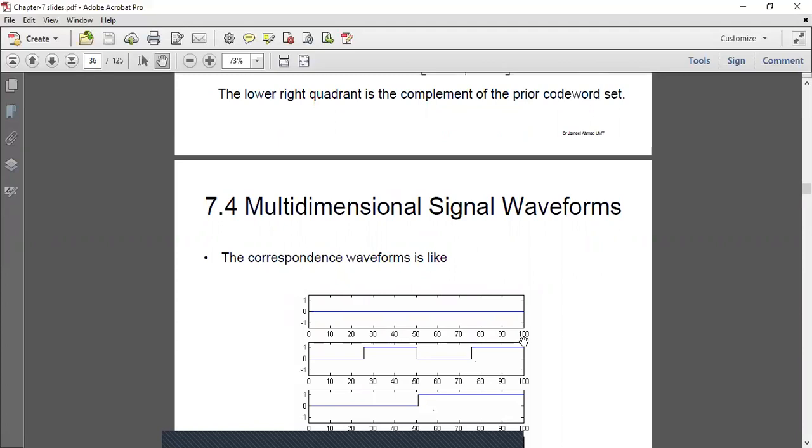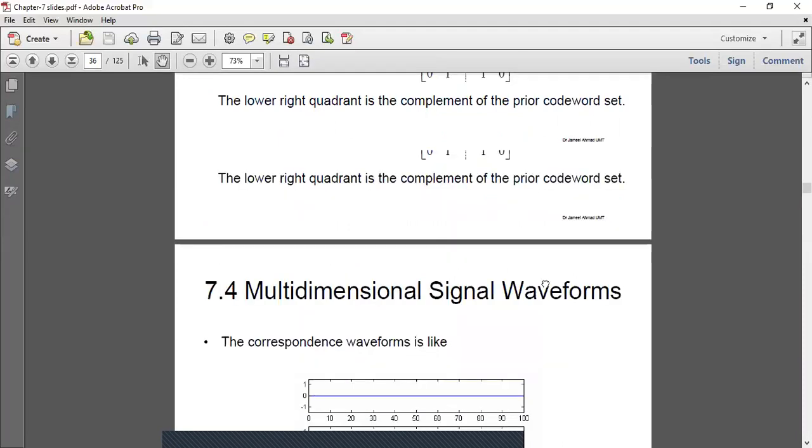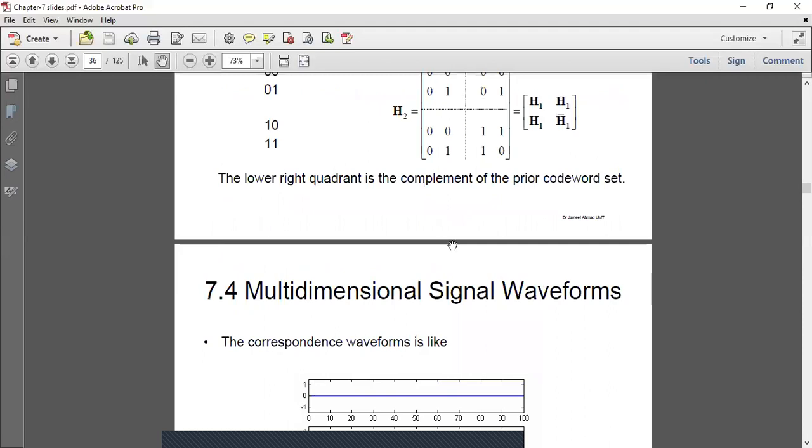Since there are four bits, we have taken the time as 100 seconds. This is an assumption; you can change this number. For 0, that means for every 25 seconds we have 0, again 0, 0, and 0. In the second row we have 0, 1, 0, 1.